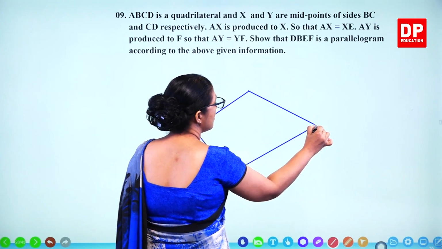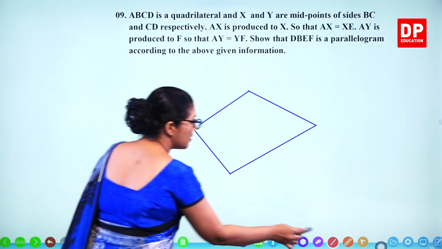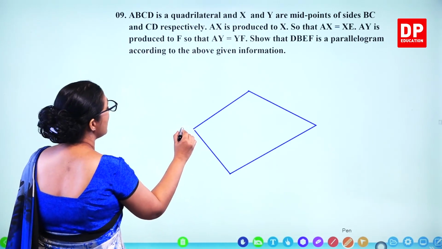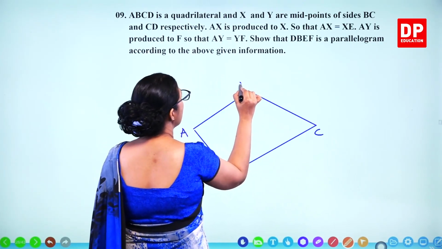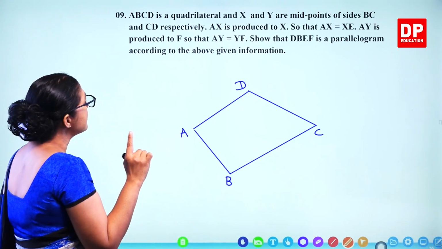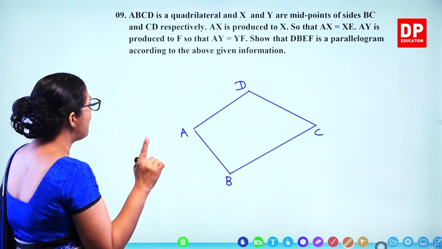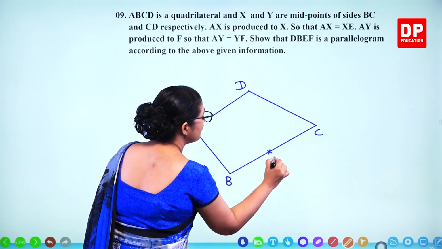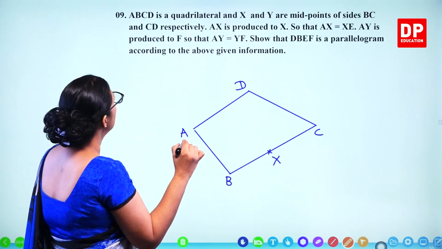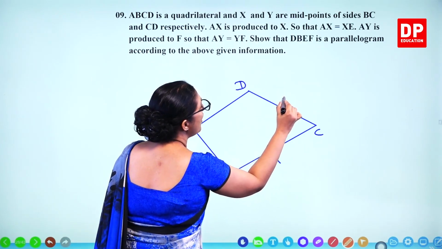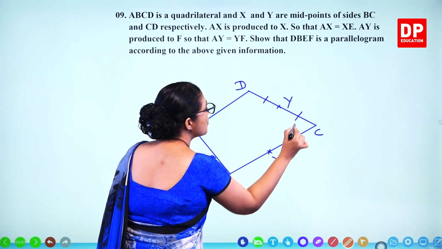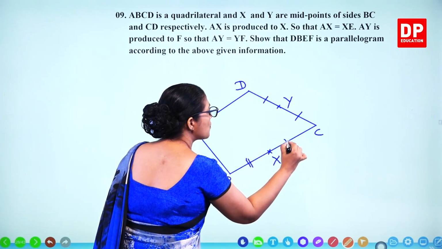We'll draw this one and mark A, B, C, D. X and Y are midpoints of side BC and CD. So, this distance is equal to this one, this is equal to this one.